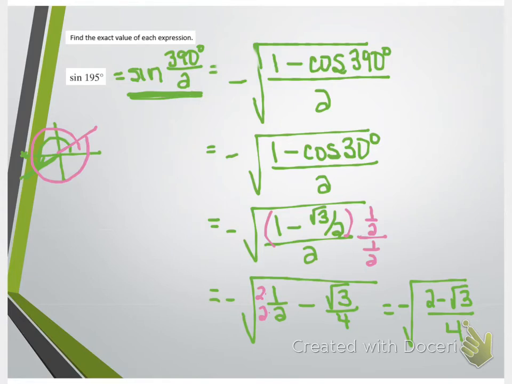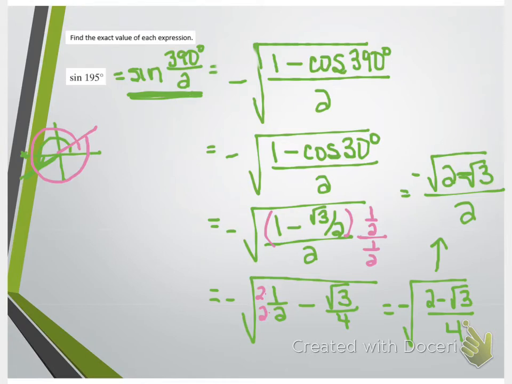The reason I wanted to do that is that I can take the square root of the top and the bottom. That gives me the negative square root of 2 minus the root of 3, over the square root of 4, which is 2. I don't know if that's a whole lot better, but that's about as far as we can take it.